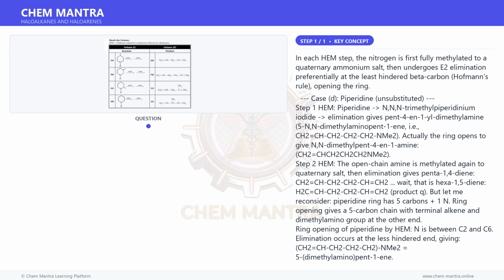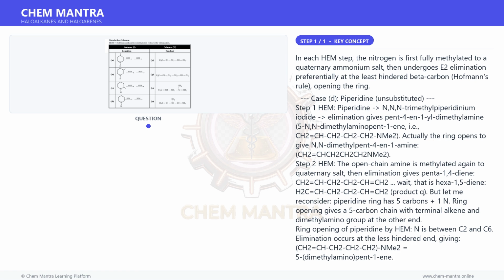Matches. Case C, 2-methylpiperidine. Methyl at C2, alpha to N. After 2 Hofmann steps, the product is the longer diene, Q, H2C=CH-CH2-CH2-CH=CH2, hexa-1,5-diene. Wait, but piperidine only gives penta-1,4-diene.